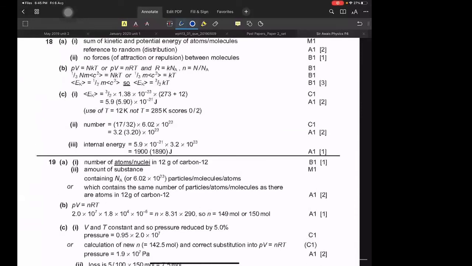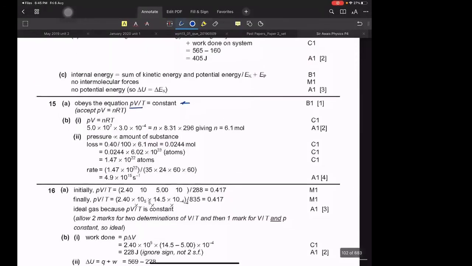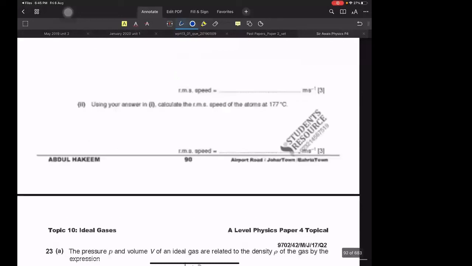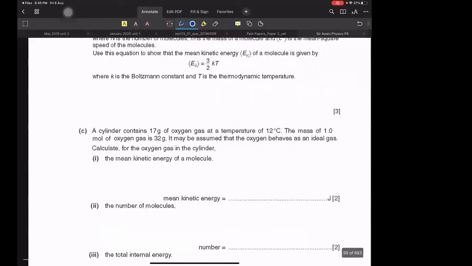अच्छा, अब हम जाएंगे कुछ और चीजें यहाँ पे लिखने के लिए। 19 पे जाते हैं। So who's going to tell me what is Avogadro's constant?